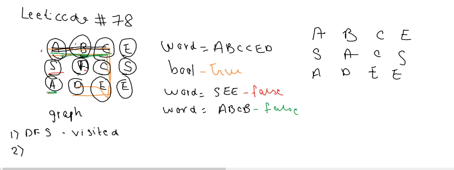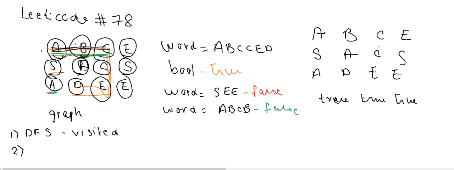So I'm marking this cell as visited. So it's marked as true. I'm marking this cell also visited, true. I'm marking C as visited, true.